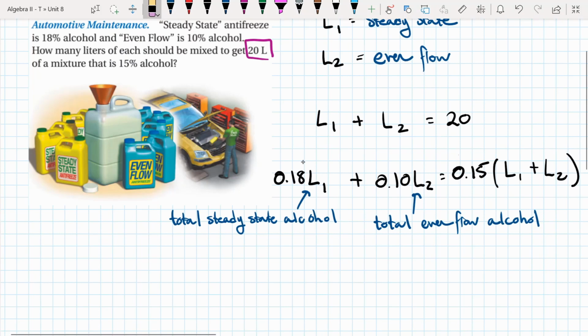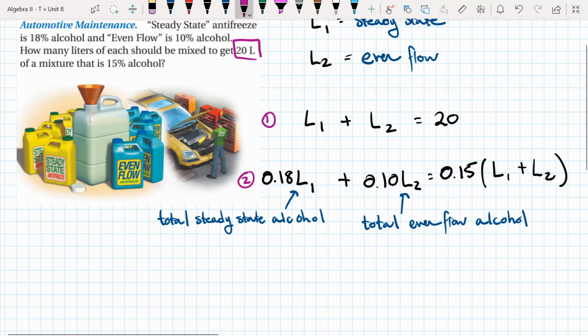So here's our first equation up here, and our second equation is down here. Okay, now to solve this, let's do a couple things. The first thing we can do is just recognize this over here is going to be equal to 20. That'll make the algebra a little bit easier. So we're going to replace L1 plus L2 with 20.